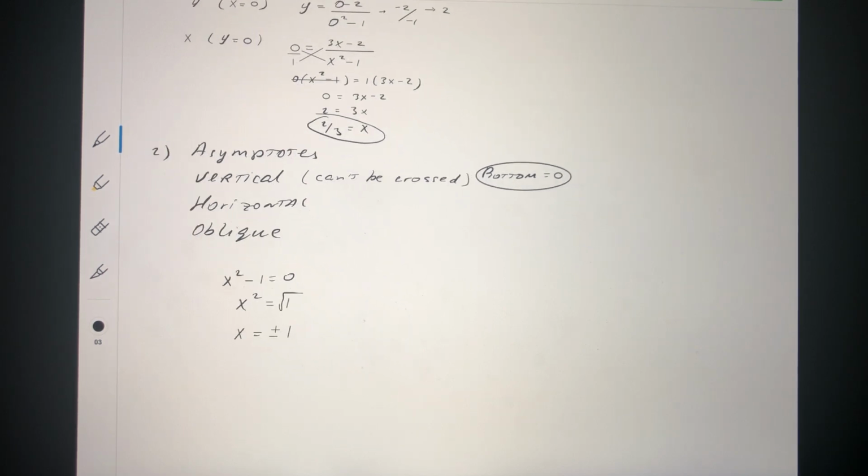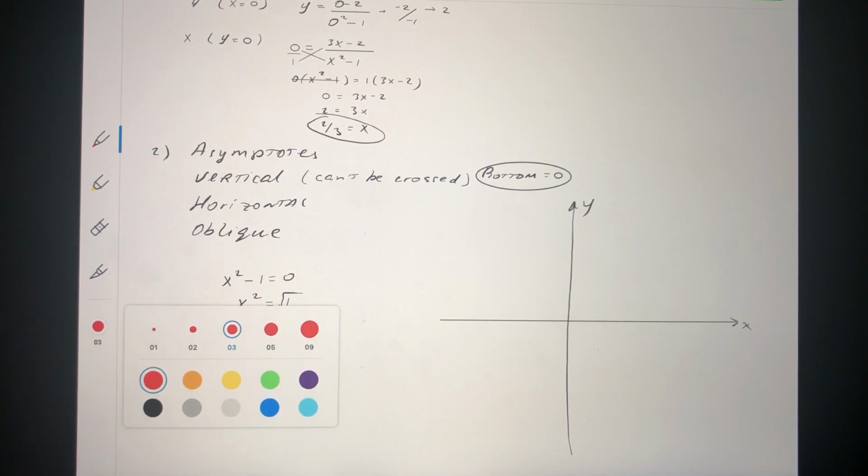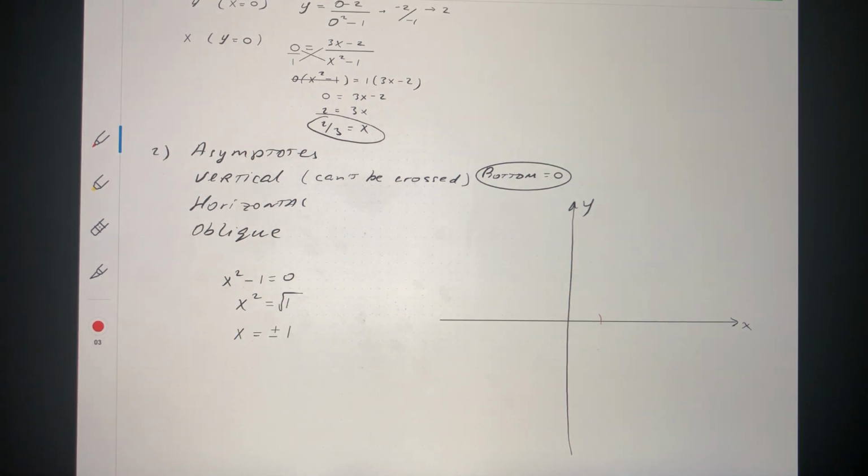We can plot some of this information already as we collect the data. Here is the axis, the x, the y, and we have found two asymptotes, one that goes through 1, an imaginary line that we are not going to cross, and the other one goes through negative 1.